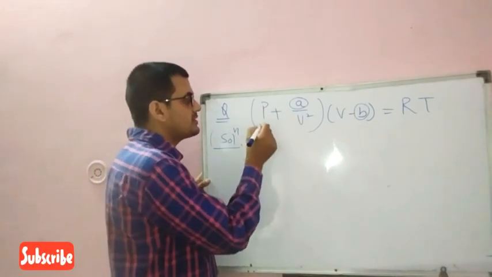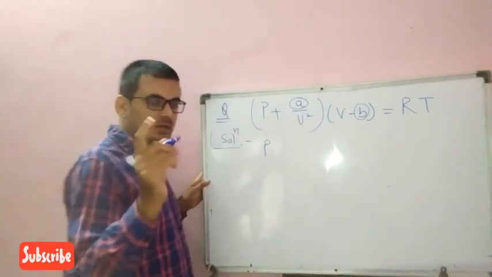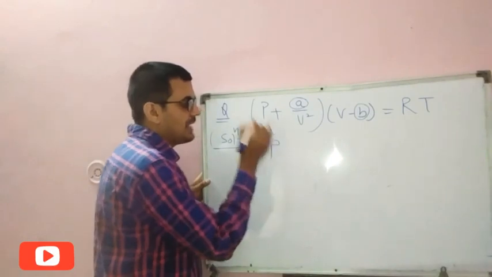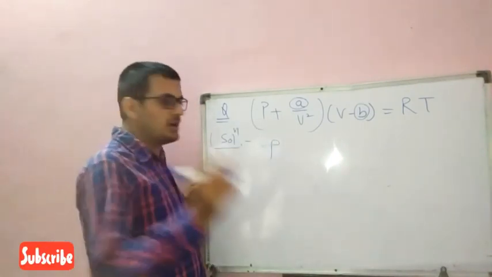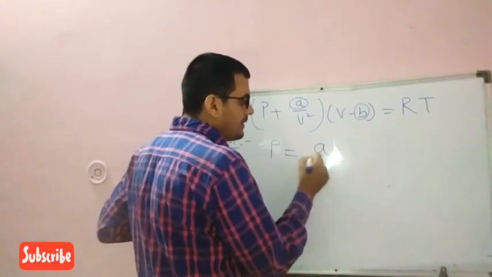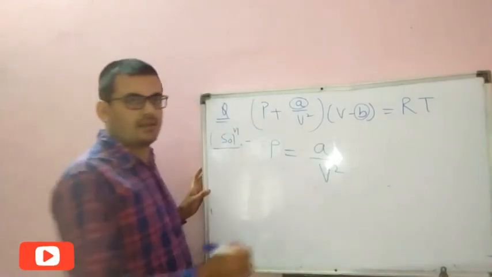It means the dimension of P, where P is the pressure, must be equal to the dimension of a upon V square.